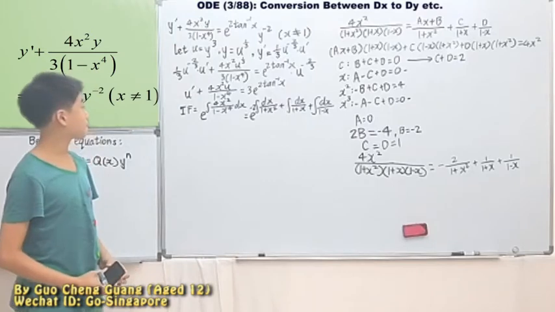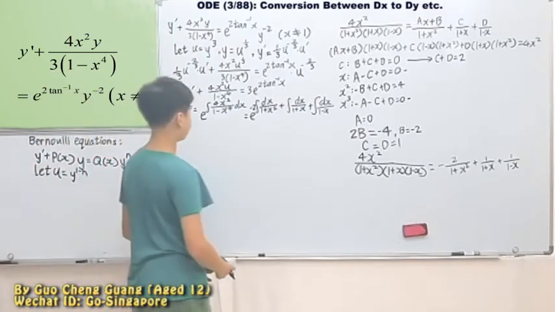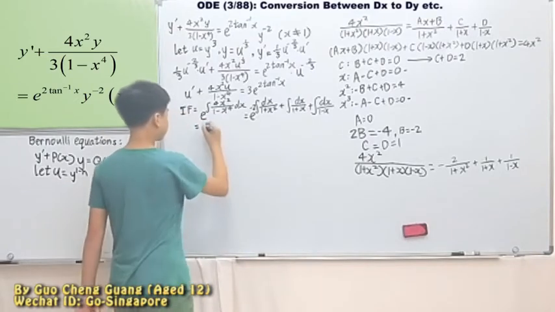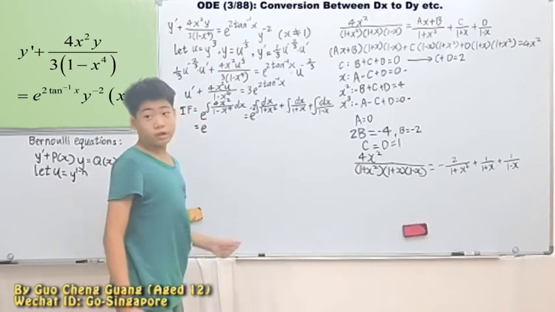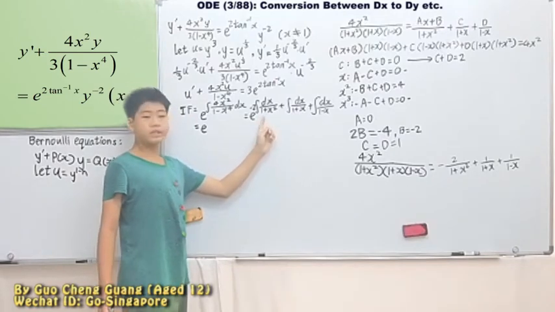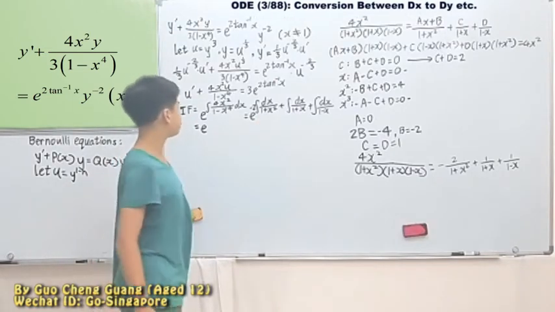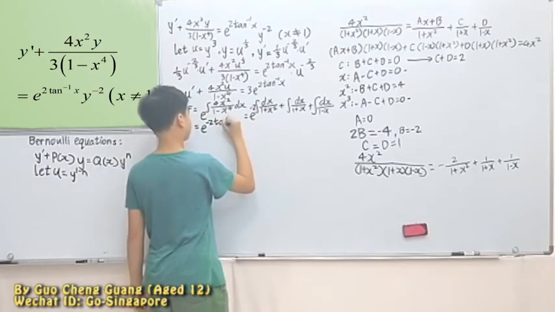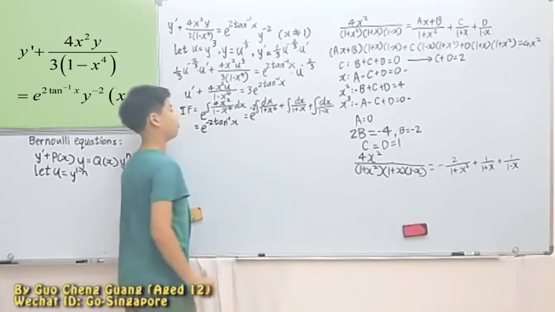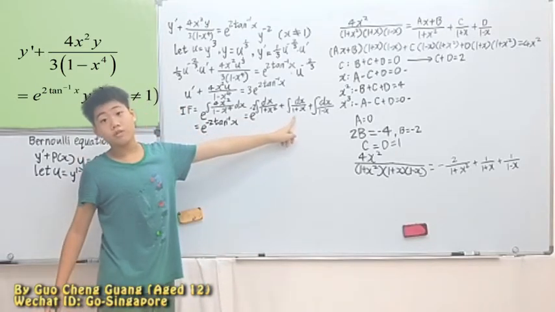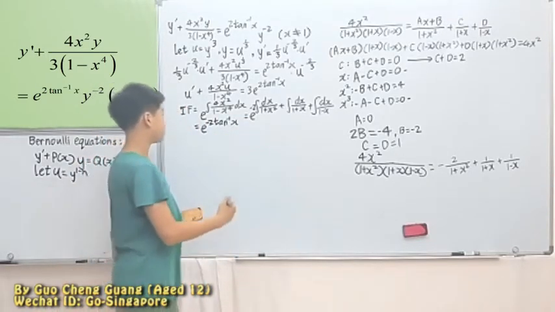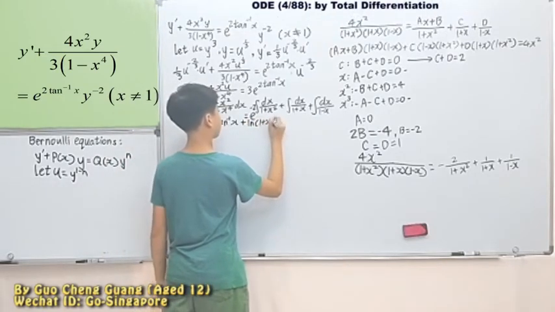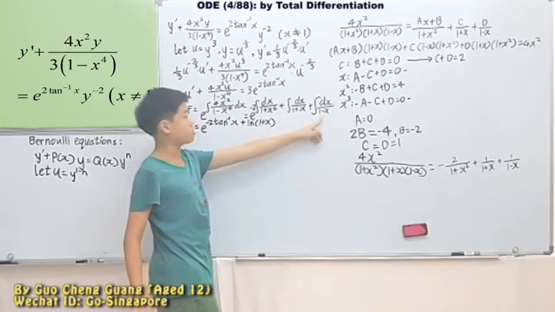Then at this part, what can we continue to have? Integration. First here, what is the integration on this part? Well, this is obviously an inverse tangent. This part obviously is ln. This part is also obviously ln.